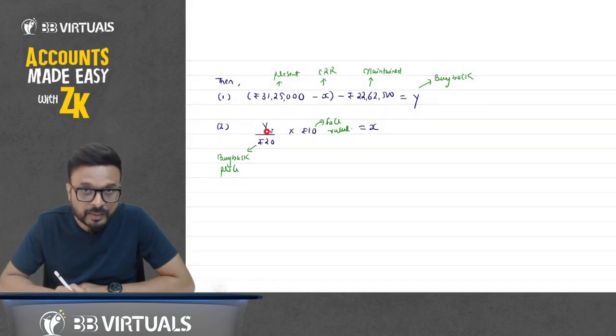So the amount of buyback divided by buyback price gives the number of shares.